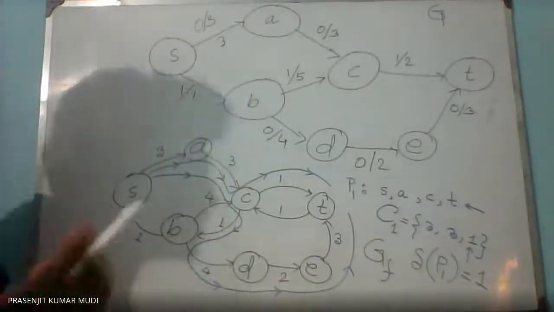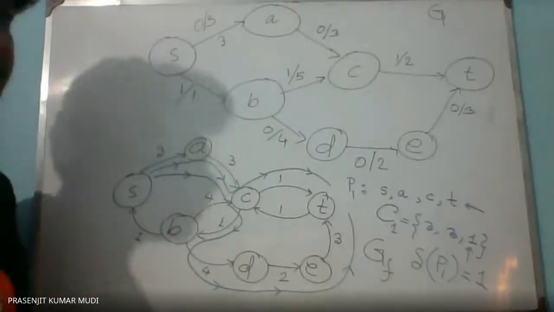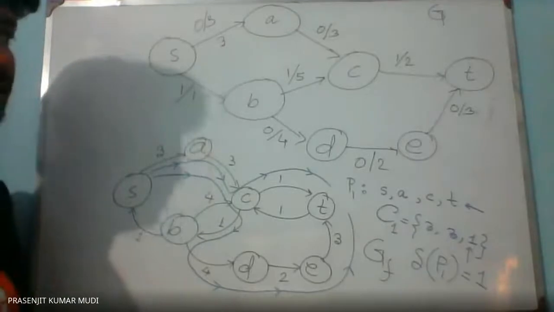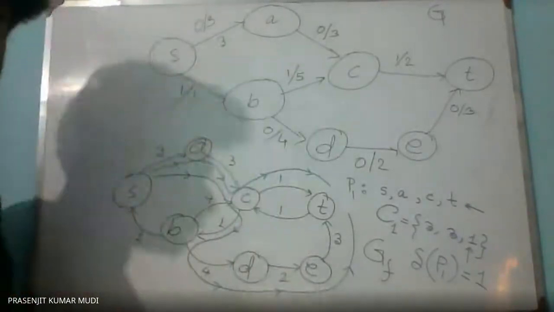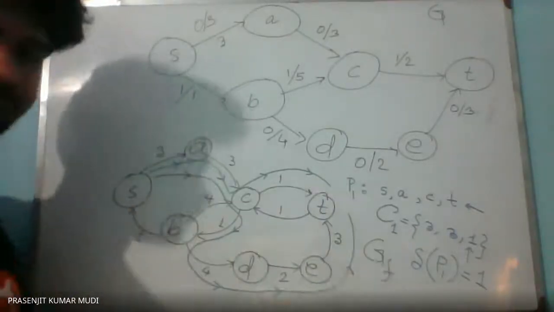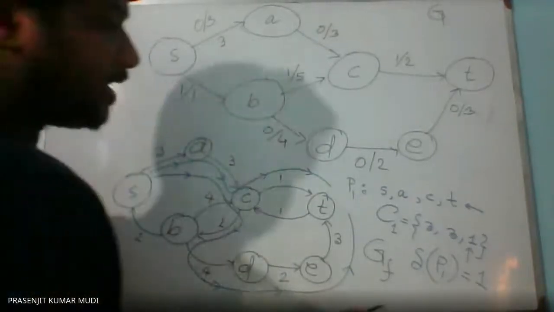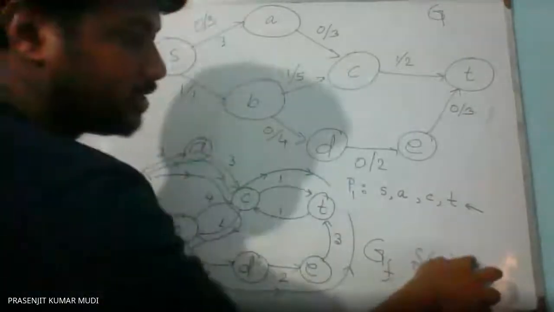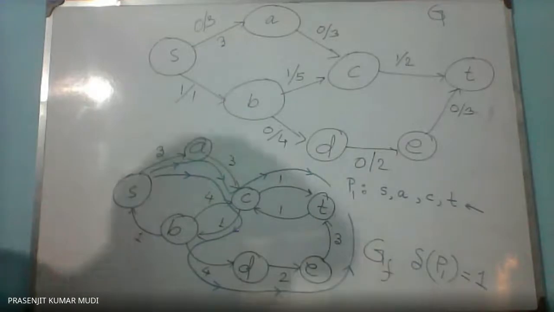It is improving, enhancing, increasing the flow from source to sink. That's why it is known as an augmenting path. Its purpose is to increase the flow from the residual network. So selecting P1 as the augmenting path, its minimum capacity is delta P1 equal to 1. The augmenting path capacity is 1.